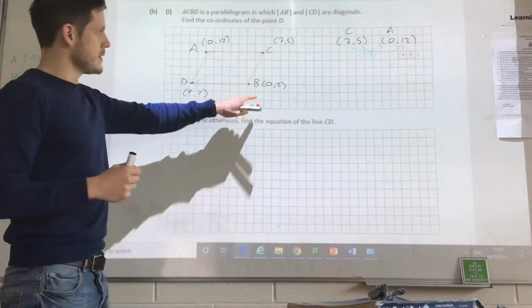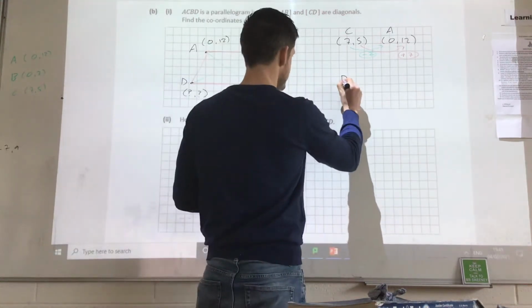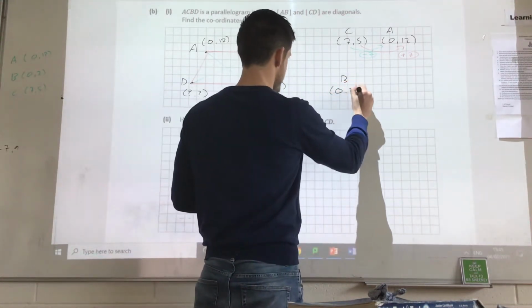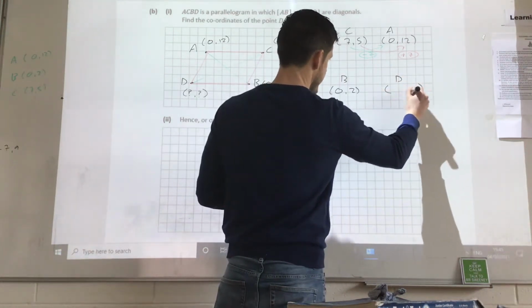So all I have to do is do the exact same thing to this. So I start at B. B is 0 and 2. And my D coordinate I don't know, but I'm going to figure it out now.